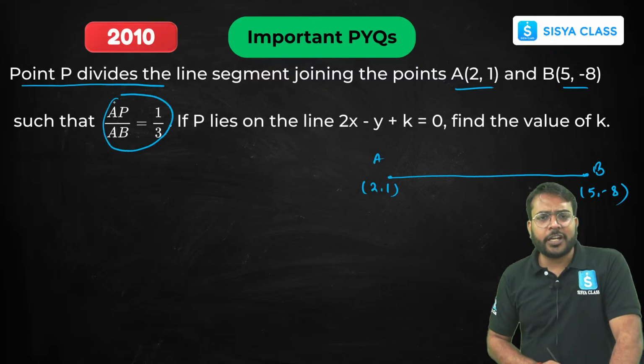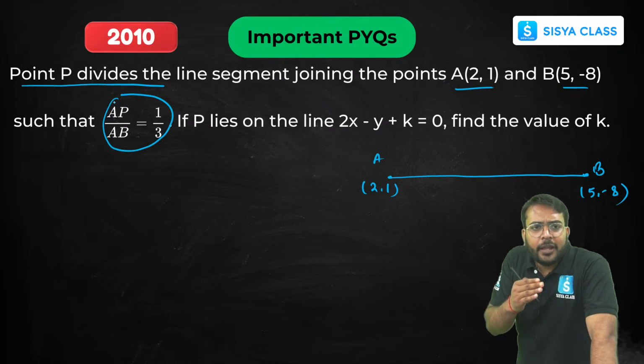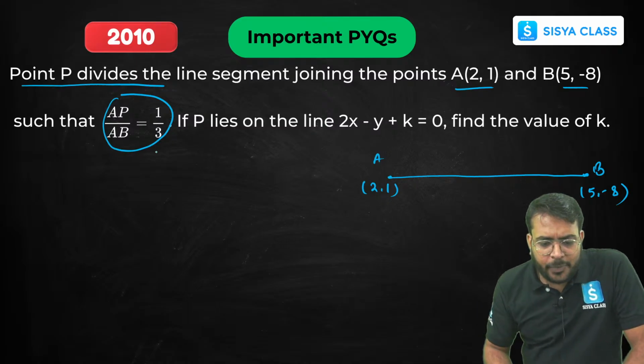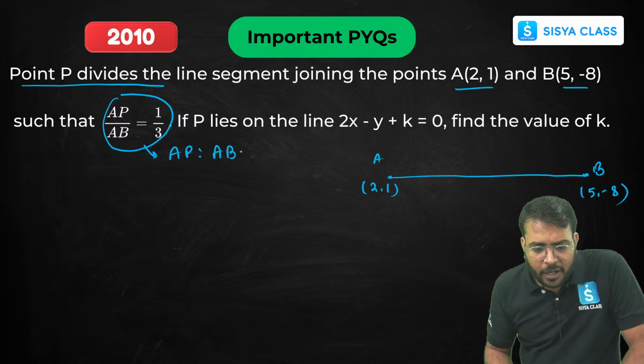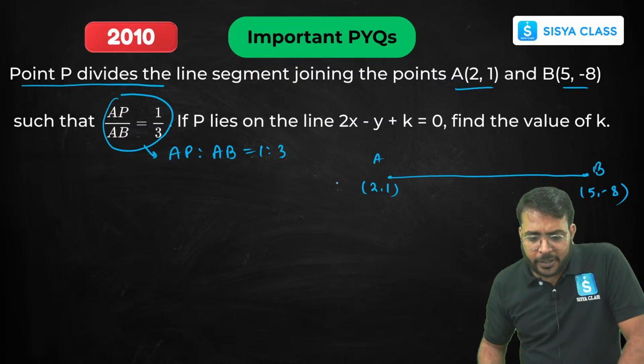In 1:3 ratio. AP by AB is equal to 1/3, that means it is nothing but AP is to AB is equal to 1:3, yes or no?